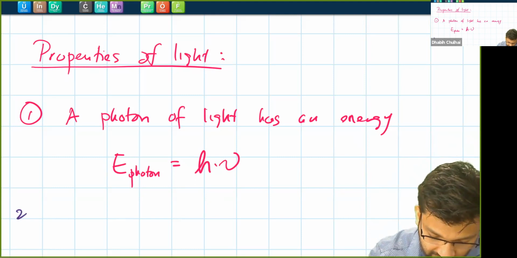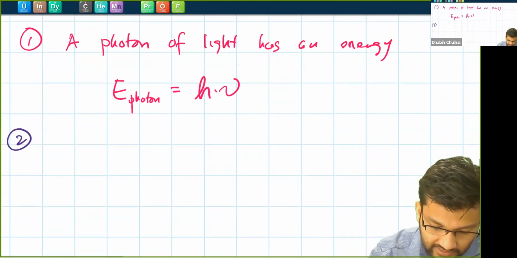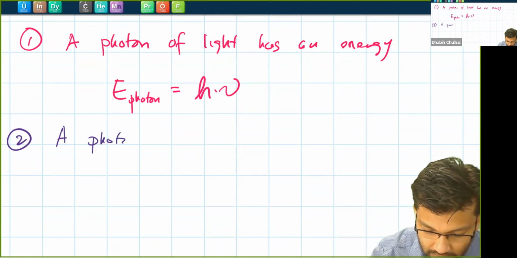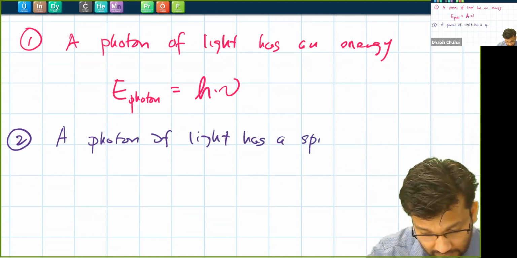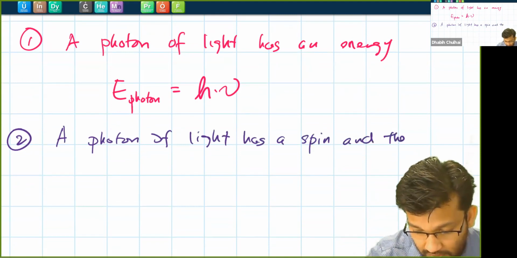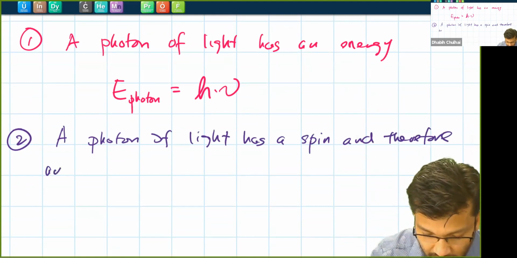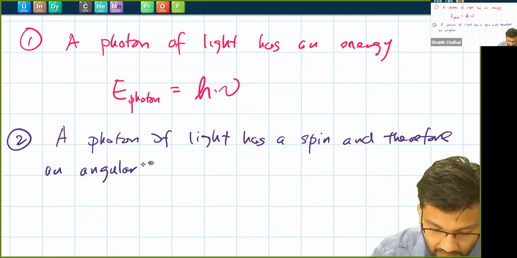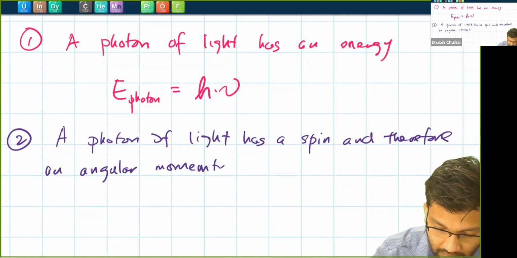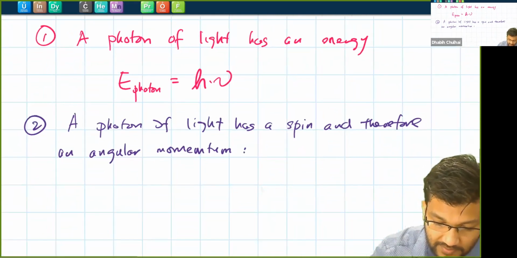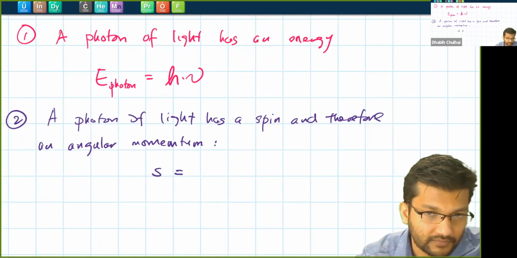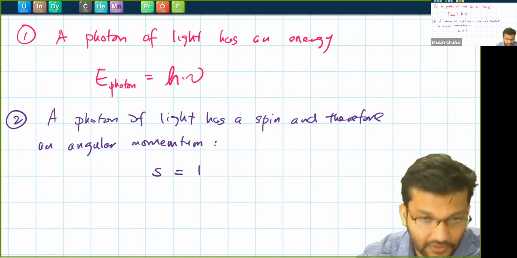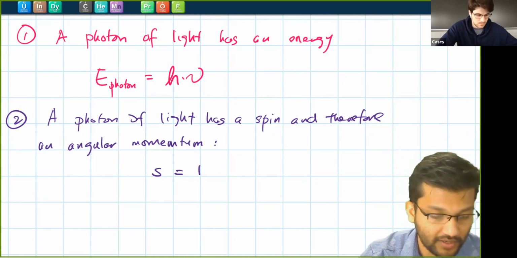The second property of light that we need to keep in mind is a photon of light has a spin, and therefore an angular momentum. I mentioned this earlier, right? Does anybody remember what the spin of a photon is? Electron has a spin of a half. Is it 1? Yeah, a photon is a boson, has a spin of one.